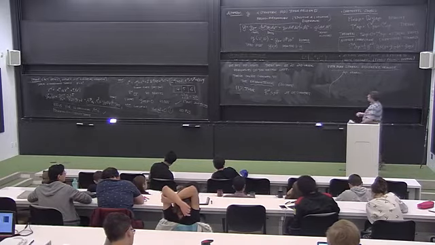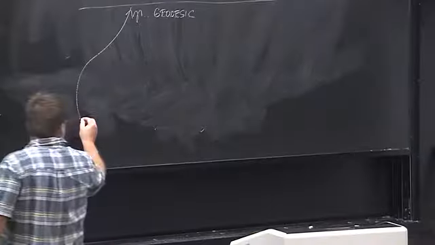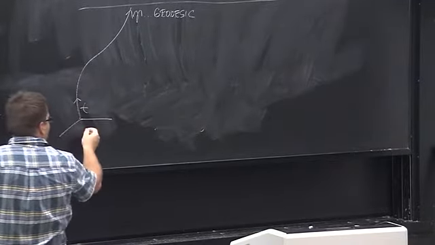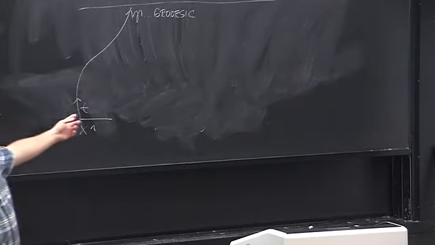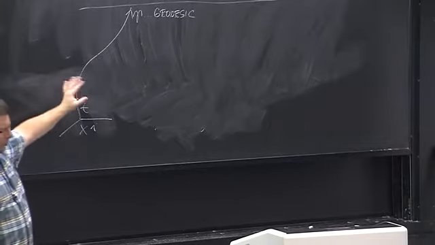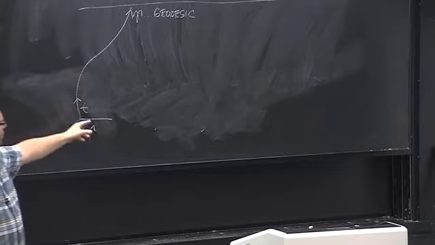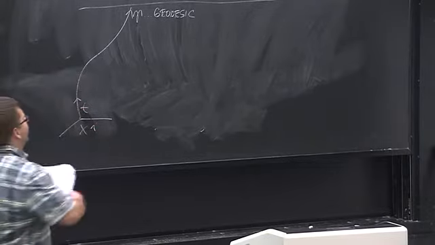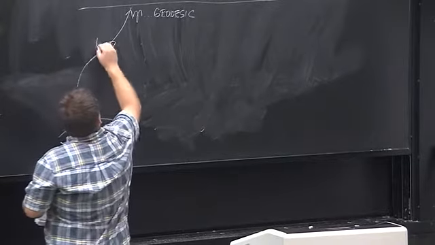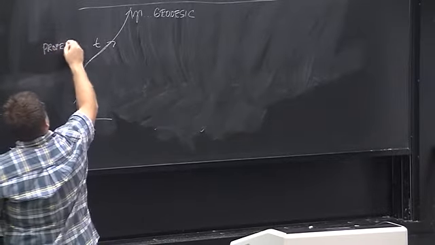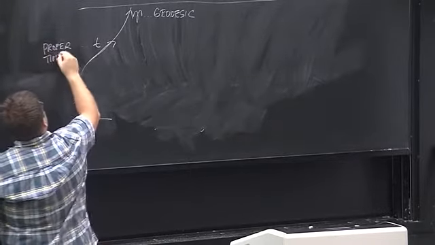Okay, and so how you choose the coordinates is that you have some time coordinate t, and then you have some space coordinates xi. The coordinate system where the metric is flat and the gammas vanish is such that t is simply the proper time along the geodesic.